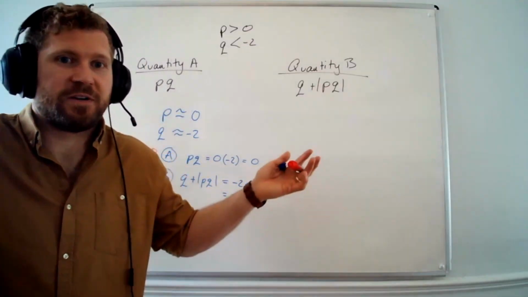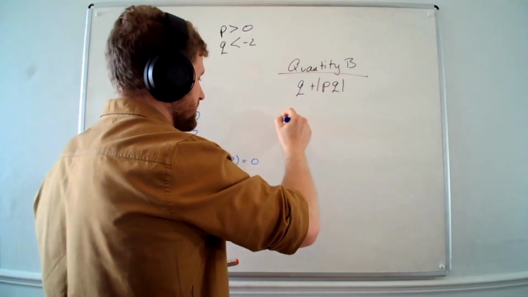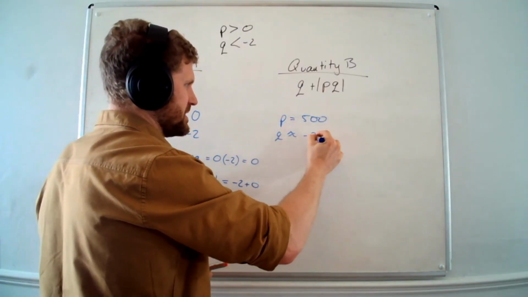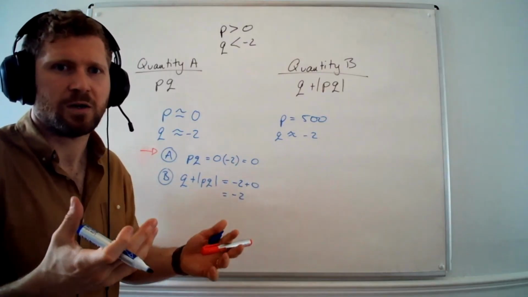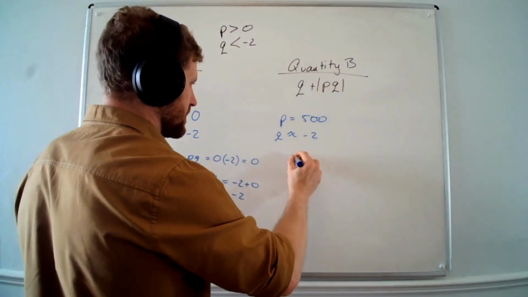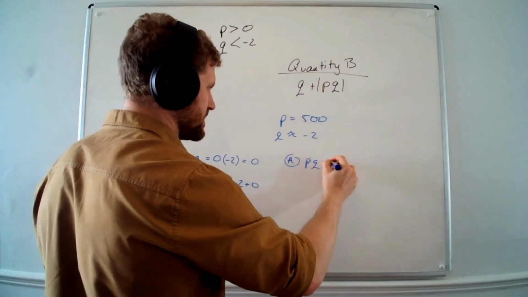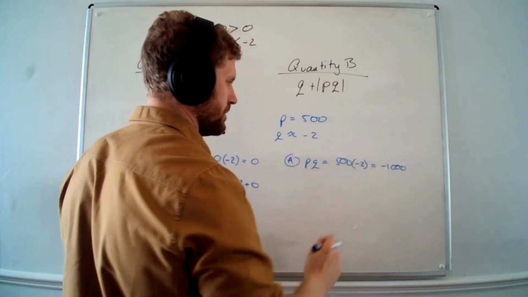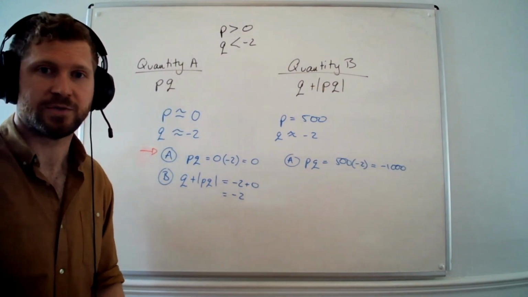100, 200, 500. P's going to be big. So let's say p is 500 and q is basically -2. In that case, quantity A, p times q, 500 times -2, is going to be something very small, -1,000.